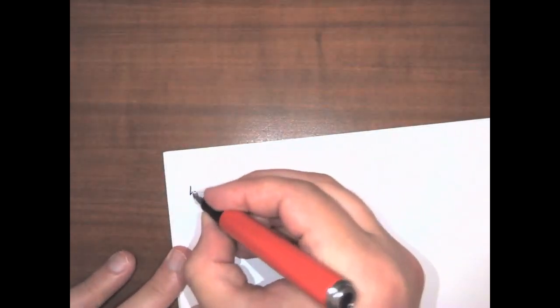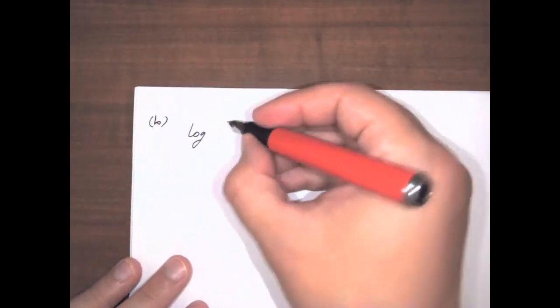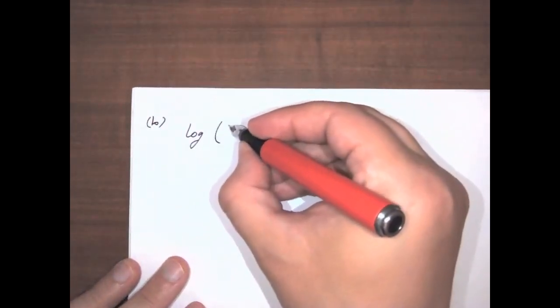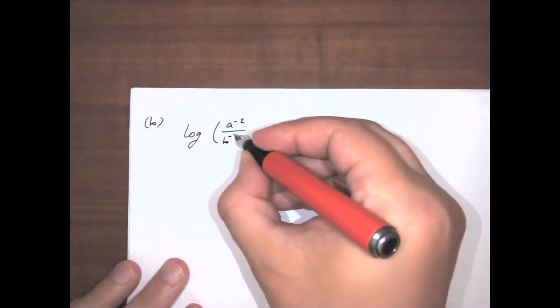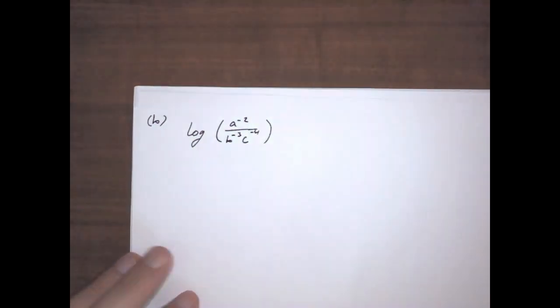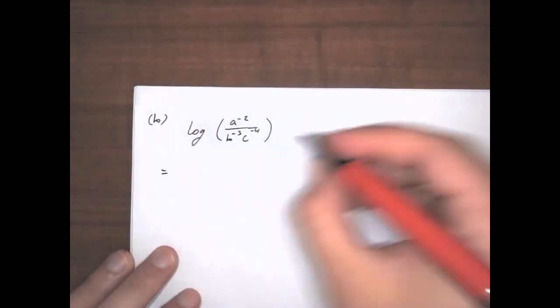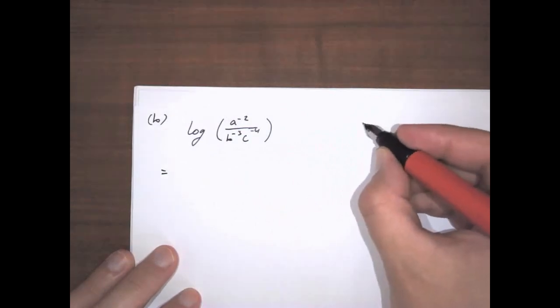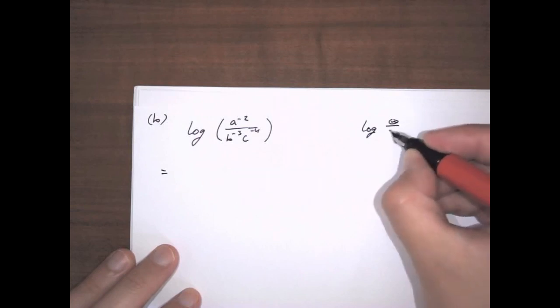Now, it wouldn't be any different if we had something like the log of a to the negative 2 divided by b to the negative 3, c to the negative 4. We would start by asking ourselves, first and foremost, is this a log of a product, a quotient, or a power? And it is the log of a quotient.